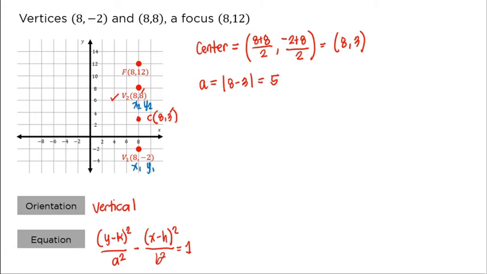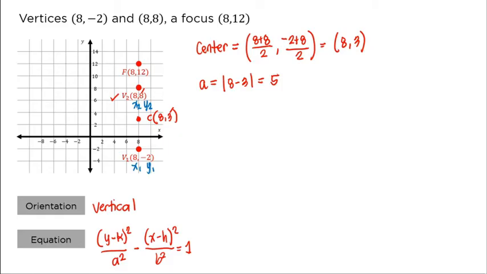Now for B squared, using the Pythagorean identity, b squared equals c squared minus a squared, we need to solve first for c. And c is the distance from the center to one focus. And we are given one focus here, which is (8, 12).